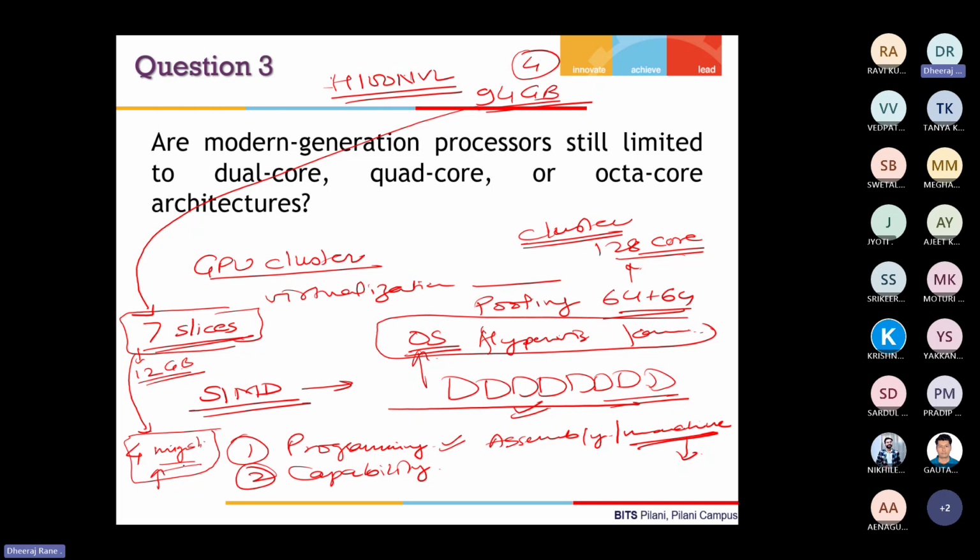The problem was, even when we had given him the four mix slices, he was not able to utilize their capability because he was not able to write the parallel programs to use the four mix slices individually.